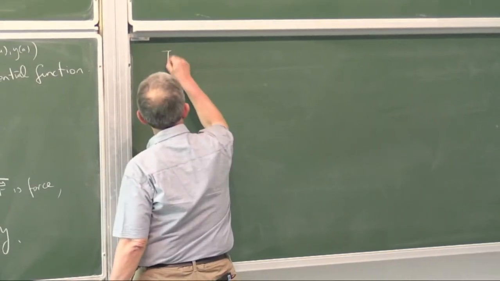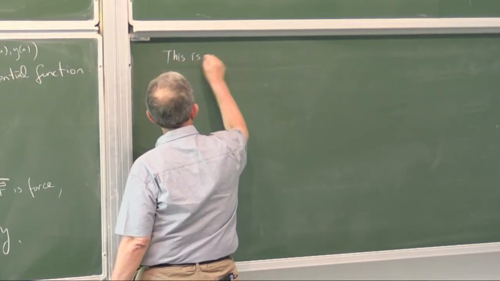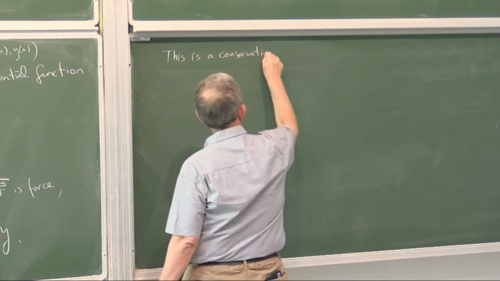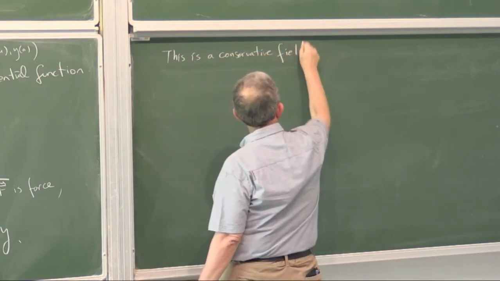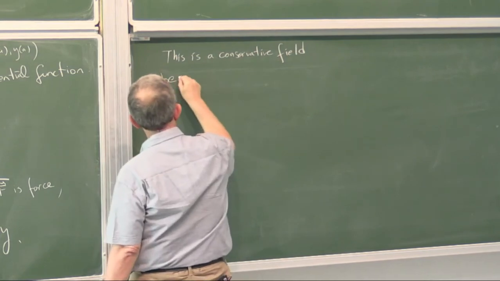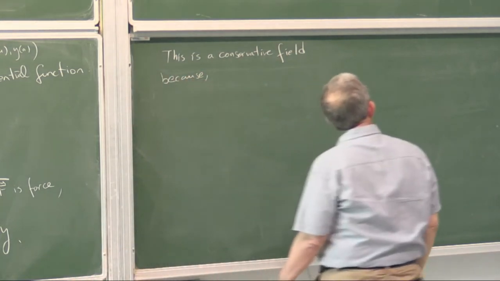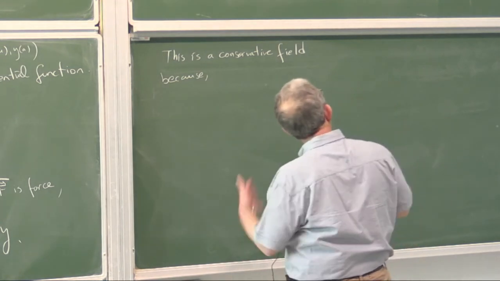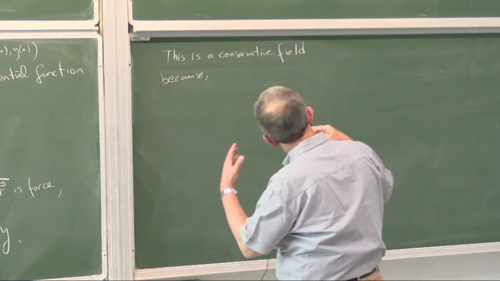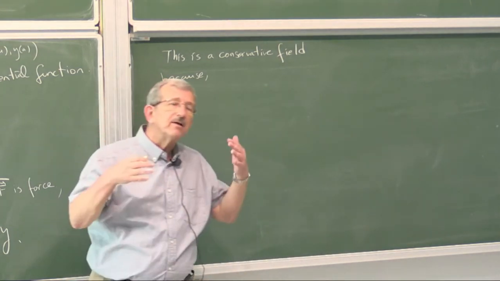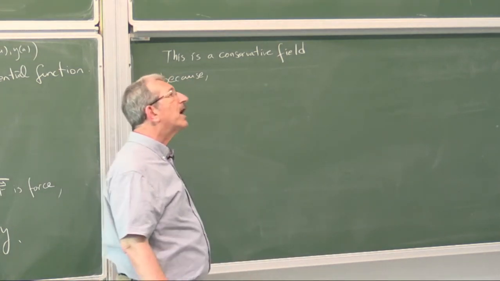Now, this is a conservative field. Because, now look at the first term. It's x over the squares of x, y, z added and then raised to the power 3/2.